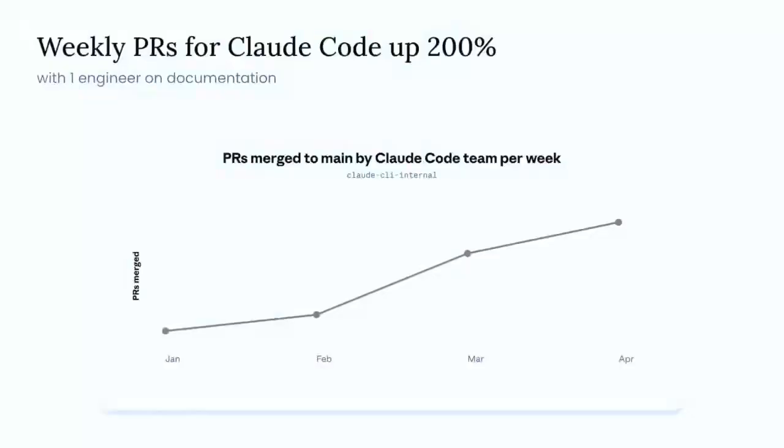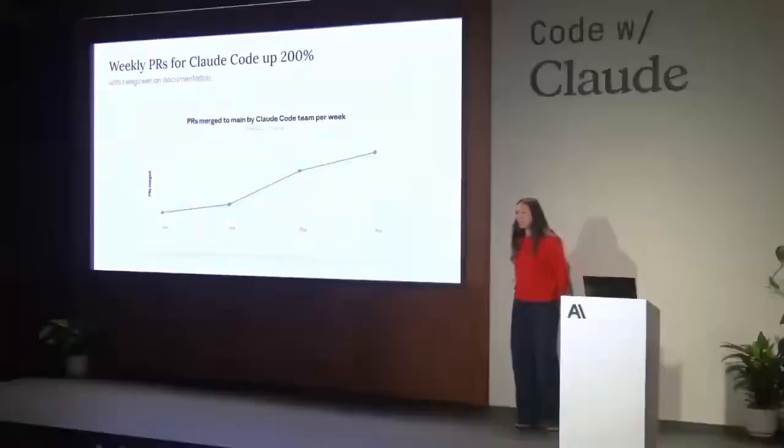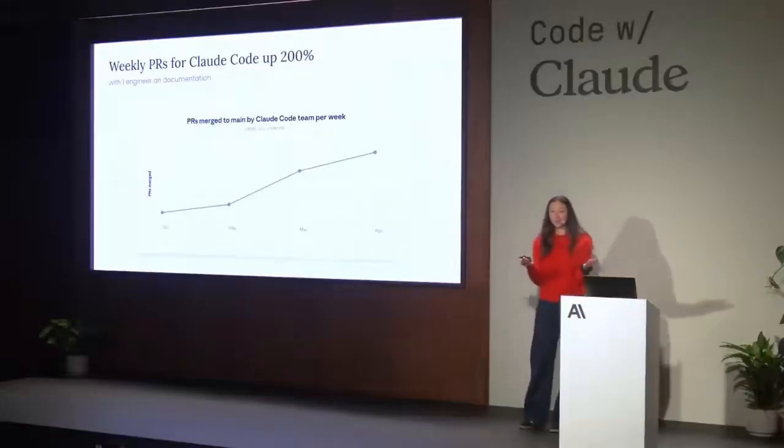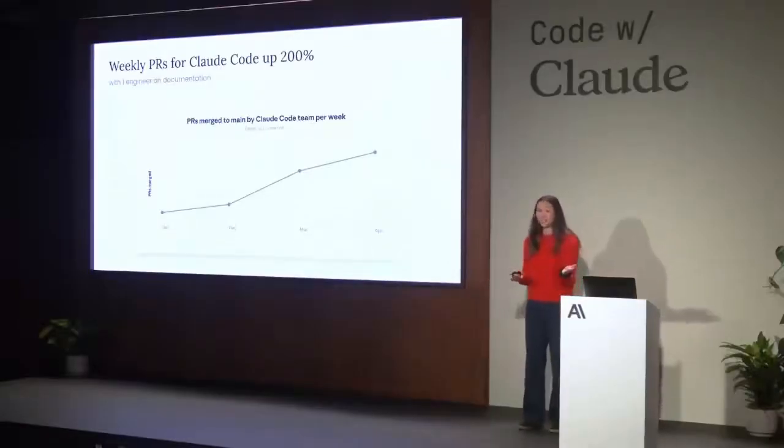Just to add a little bit of data behind this, weekly PRs for Claude Code have gone up 200% since the beginning of the new year. This has been super awesome for our Claude Code engineering team. Their productivity is insane. This has been really awesome for you folks because you get new features inside of Claude Code very, very quickly.